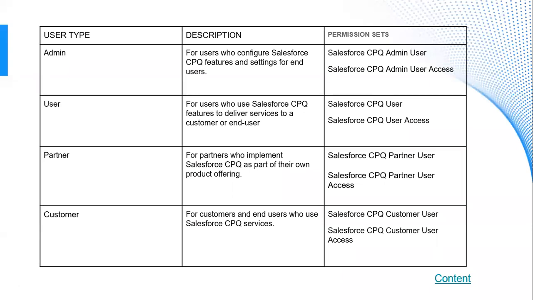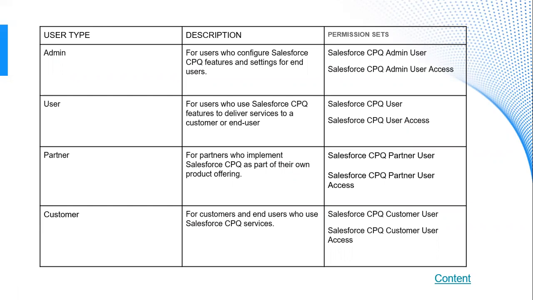The second one is the user permission set. This is for the user who uses Salesforce CPQ features to deliver services to a customer or end user. So this permission set will be for your sales rep who will be creating the quotes and sending those quotes to your customers or partners. The third type is partner.